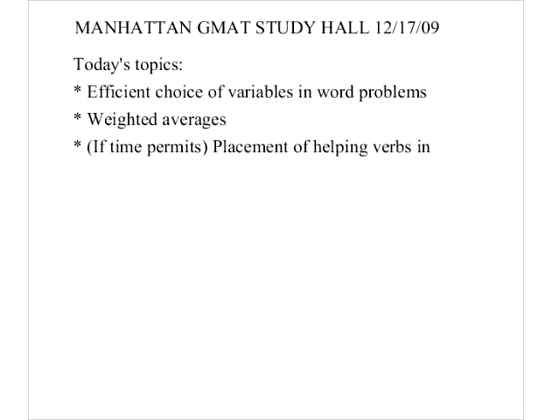So this is a little bit of an advanced topic, but it's very cool. And it looks like the last line here was cut off, let's just say comparisons. So if time permits, we'll talk about a sentence correction topic, which is the placement of helping verbs in comparisons.